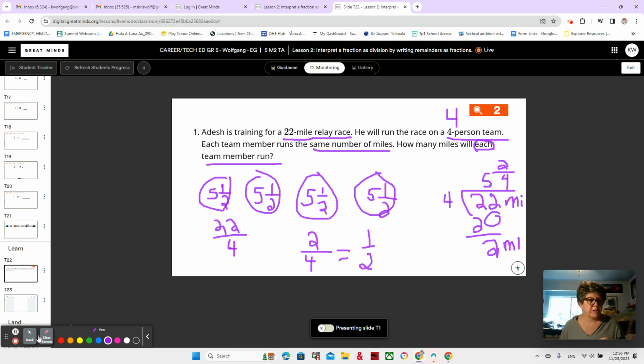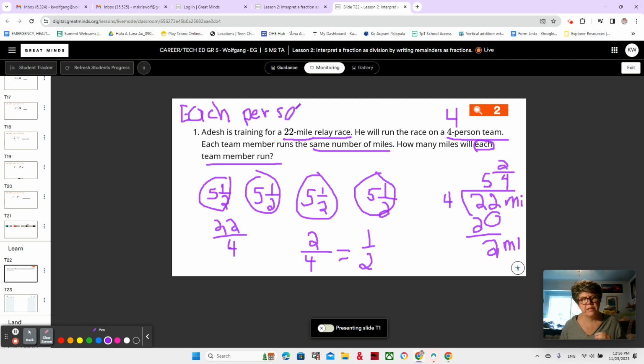Okay, and then I think we just have one more thing to talk about. Make sure you have that all written down. And we need to write our sentence. Yes, we always need to write our sentence. How many miles will each team member run? I'm just going to say person. You can say team member if you want, but it's harder for me to write with this.